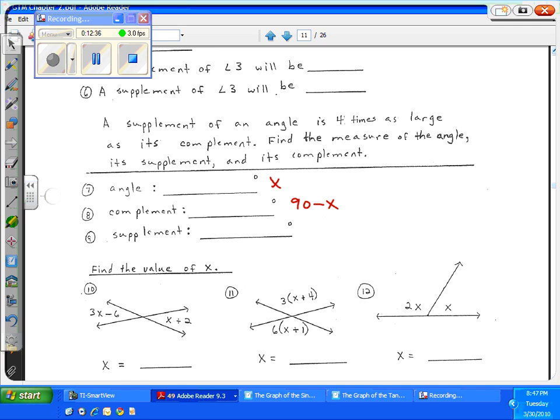So we could write its complement as 90 minus x. We could write its supplement as 180 minus x. So that is a way to assign the same variable x to the angle, its complement, and its supplement. Remember, to solve an equation, we need to only have one variable or one name.